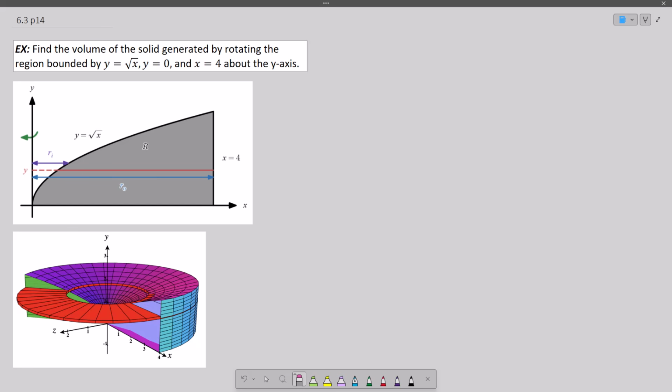So the outer radius is the function that's furthest. We're rotating around this axis, so the outer radius is the function that's furthest away from there. So that distance right there. And what is that distance?